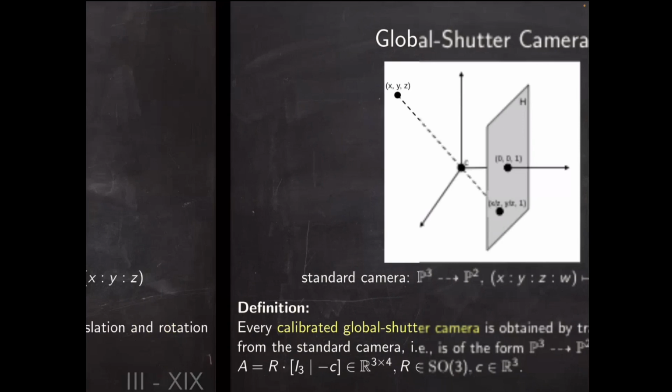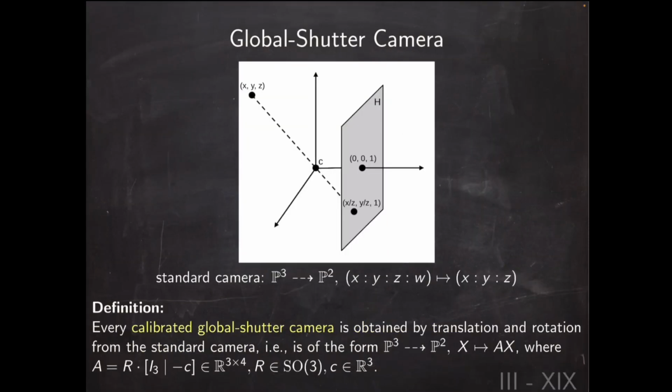You can also write this down. In general, these would be maps still from P3 to P2, and they would be linear maps. So in particular, they would map lines to lines and a single point to a single point.